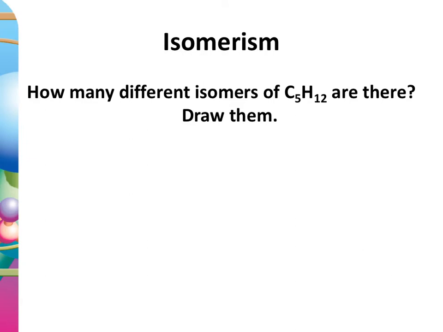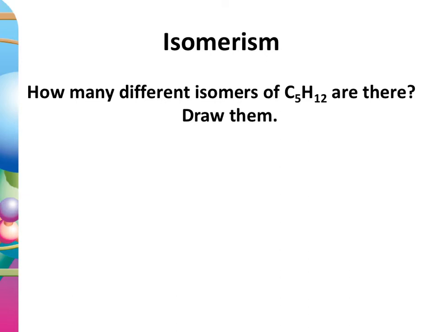So here we have a question asking us how many different isomers, and it's going to be chain isomers, of C5H12 there are. Now, I'm actually going to use this as an opportunity also to practice, or to go over, skeletal formulae. Whilst in the final exams you are being asked to draw skeletal formulae, probably out of 300 marks, it's not going to amount to more than an absolute maximum of 3 marks.